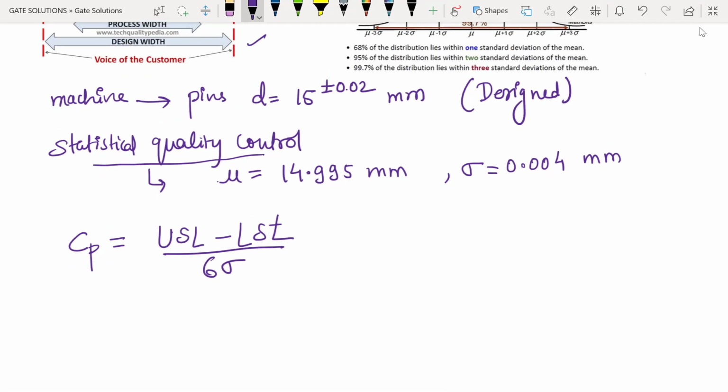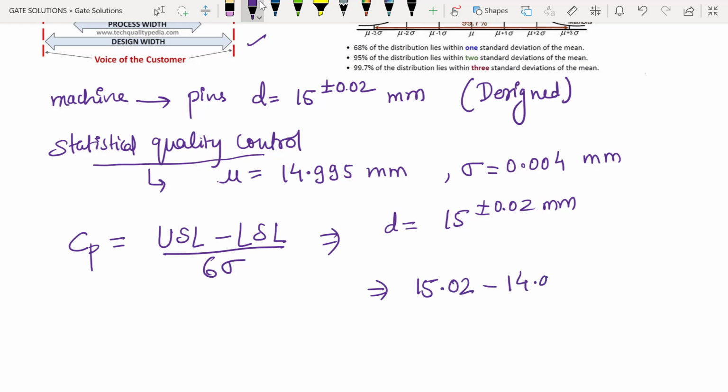So how do we calculate the upper specification limit and the lower specification limit? This is our diameter. Diameter is given as 15 ± 0.02 mm. So here we can see the variation is 15.02 minus 14.98, that gives 0.04.